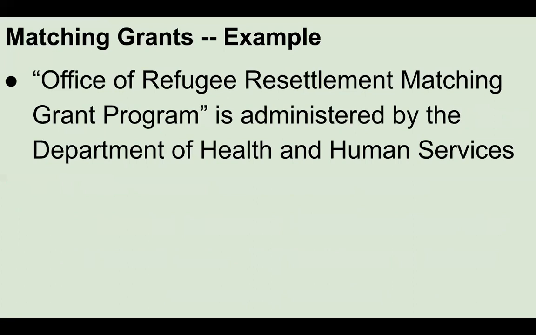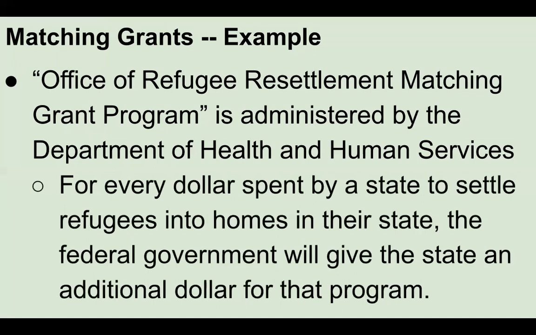An example of this, and again, this is not something you need to know, it's not bold and underlined, would be the Office of Refugee Resettlement Matching Grant Program. And that is something that's done through the Department of Health and Human Services. Basically, for every dollar spent by a state to settle a refugee into a home, right?